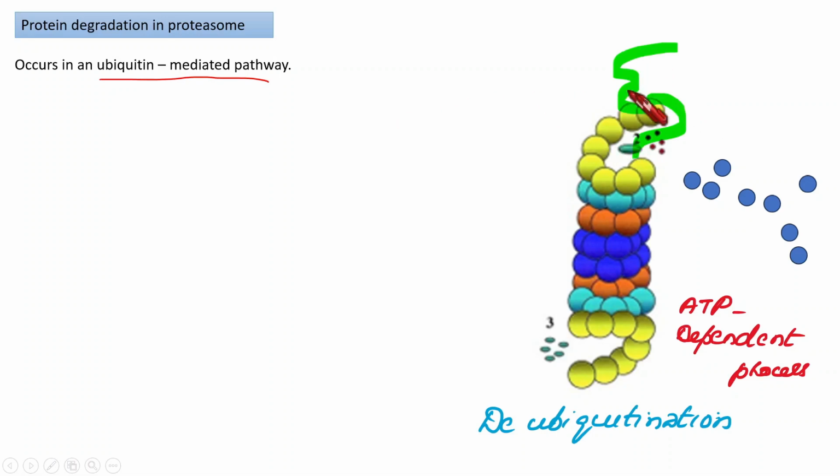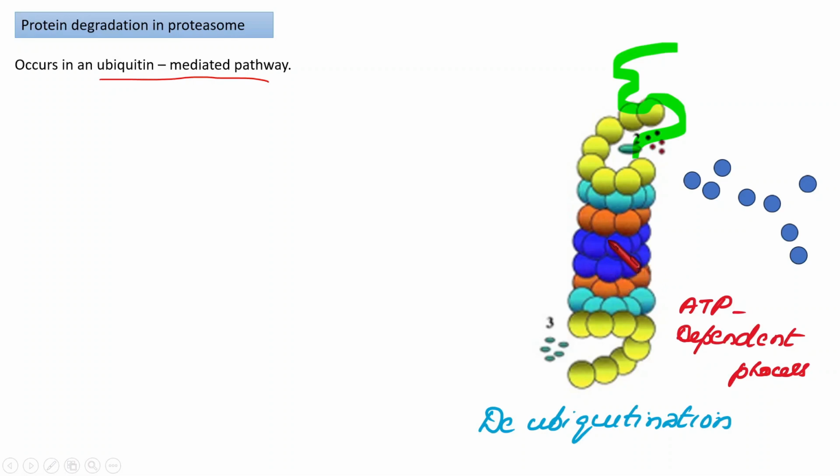After removing the tag, the polypeptide chain enters inside the 20S core, and as we have learned, inside are present so many proteolytic enzymes, and they degrade that polypeptide chain.